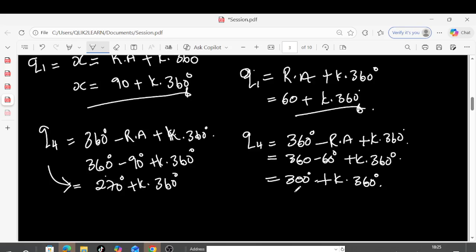Okay, let's fix something this side. Yes, we add k, and also that k must be an element of real numbers.